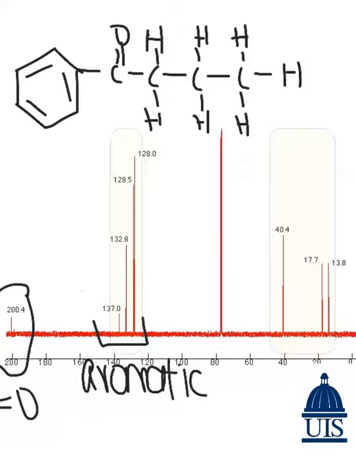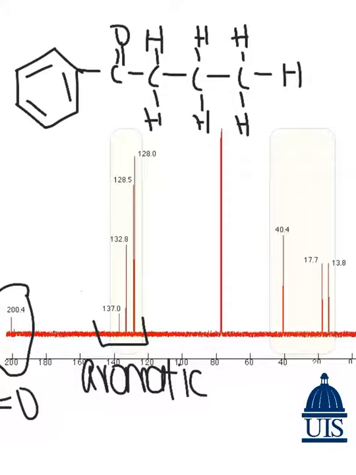In addition, due to how far away this last carbon is right here from the oxygen, I'm pretty much assuming that this is that peak right here. It's been shifted a little bit because it's a little bit farther away, because this only accounts for 4 of our carbons in our aromatic.